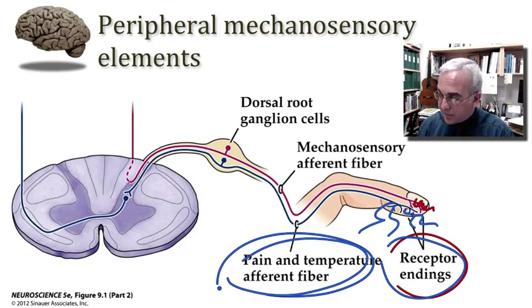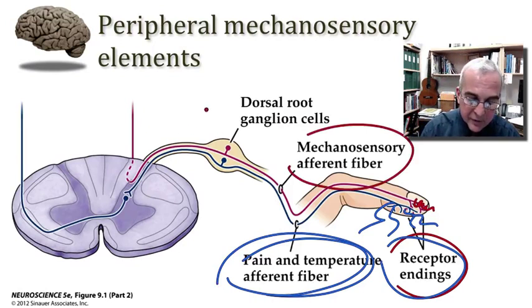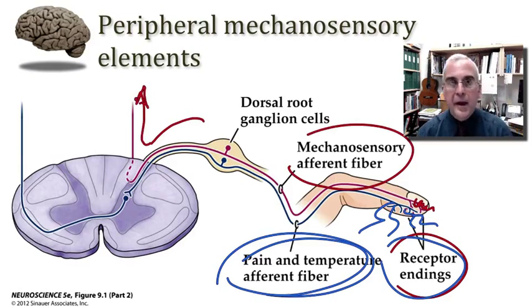Well, that's the peripheral process. What about the central process? One hint at where we're going to go with our studies of the anatomy here is that the central process of these two different kinds of dorsal root ganglia do very different things as they enter the dorsal root entry zone of the spinal cord. The mechanosensory axon enters that dorsal root, and notice that it makes a sharp upward bend.